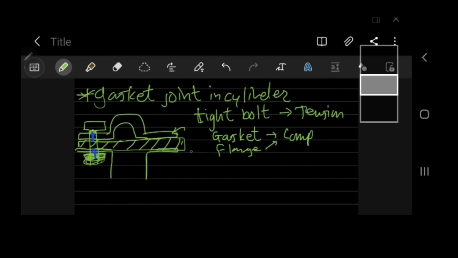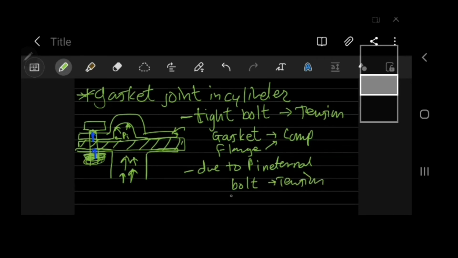After that, when we apply pressure, when we fill gas inside the pressure vessel, there will be some amount of internal pressure. Due to internal pressure, the bolt will be in tension, and the joints, the gasket and flange, will also be in tension.